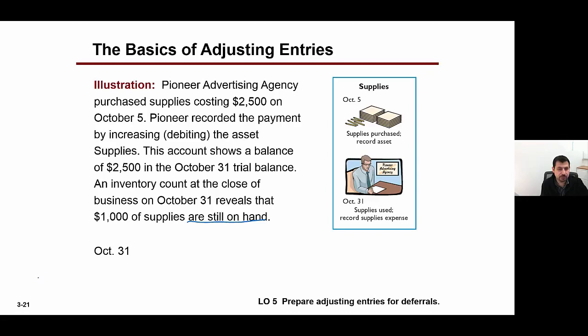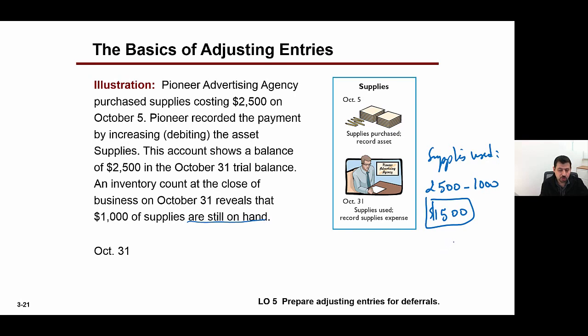So in order to fix this, we make a journal entry. The supplies used are 2,500 minus the 1,000 that remains, which is $1,500. This is the amount that was used during the month of October.